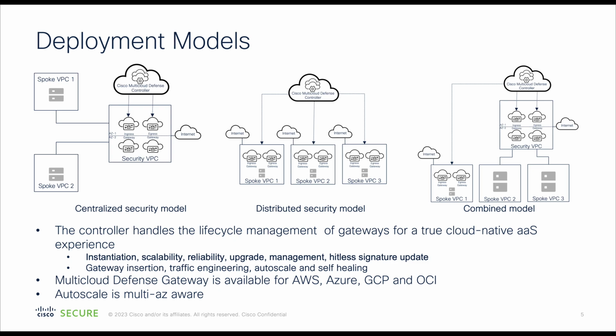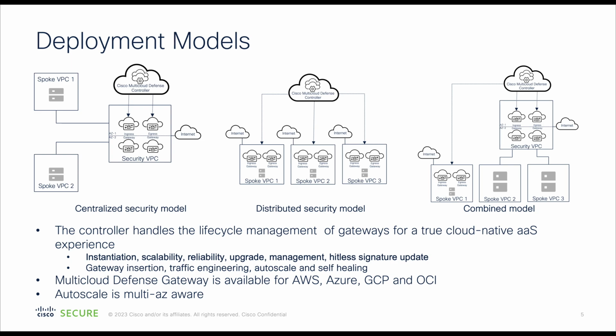The other important item I want to cover as part of this particular slide is that the lifecycle management of these gateways is handled by the multi-cloud defense controller. Things like instantiation, scalability, reliability, upgrade management, gateway insertion, traffic engineering, auto scale, auto healing.